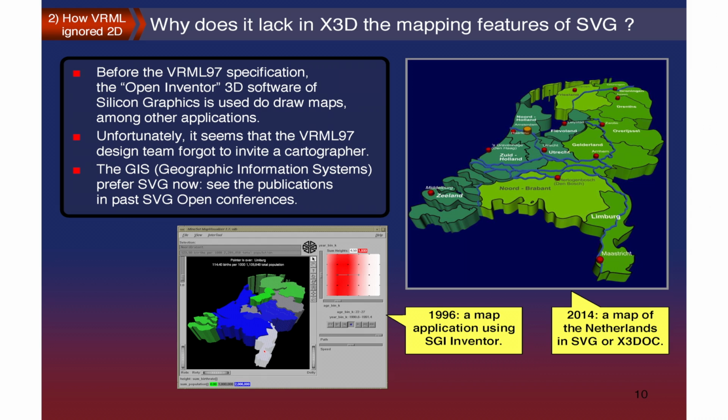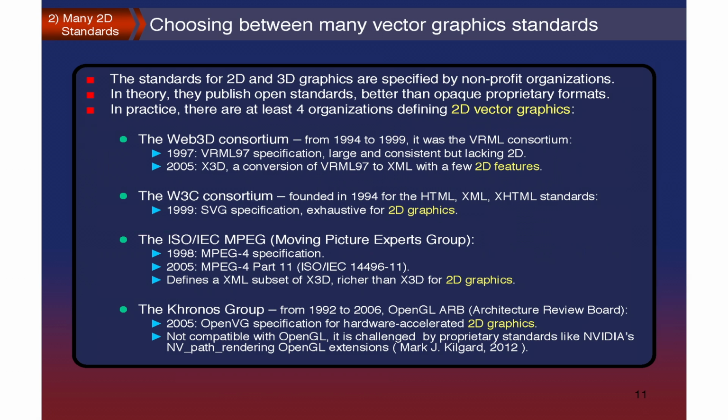And last, you have the Khronos Group. Khronos Group is the successor of the OpenGL Architecture Review Board. And Khronos specifies independent vector graphics.